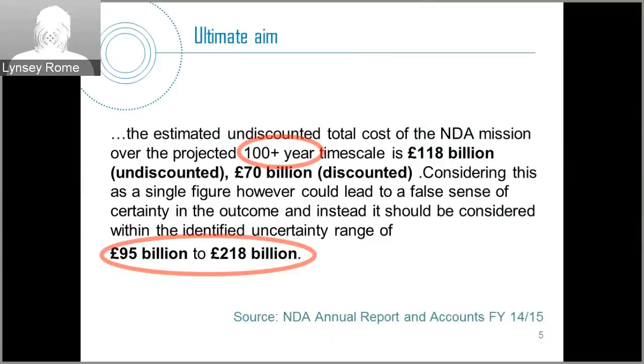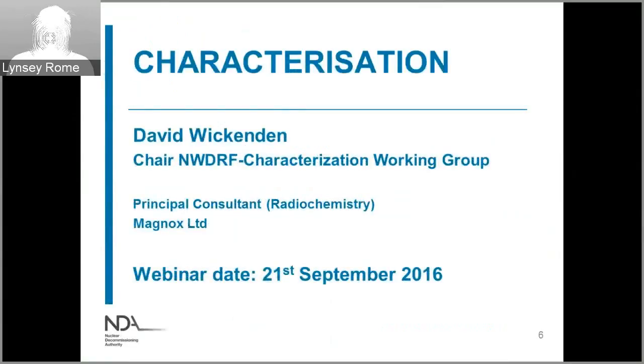So if we can make even a small percentage difference to this overall cost, that has a significant saving, and all of this money is, of course, taxpayers' money, which could be spent on things other than nuclear decommissioning and cleanup.